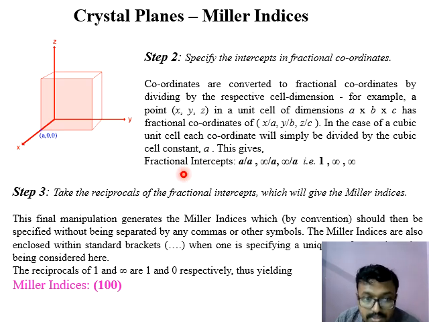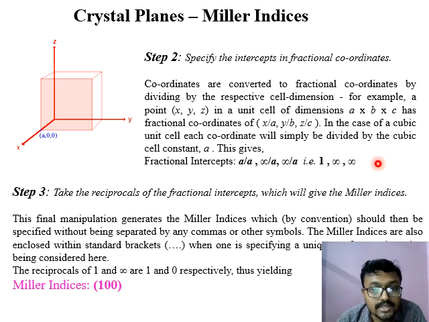So if we take the reciprocal of x, y, z, in units of distance a, we get a by a, infinity by a, infinity by a. So we'll get 1, infinity, infinity, right? So this plane cuts the x-axis at 1 unit distance a, the y-axis at infinity, and the z-axis also at infinity, right? So these are the intercepts: 1, infinity, and infinity.